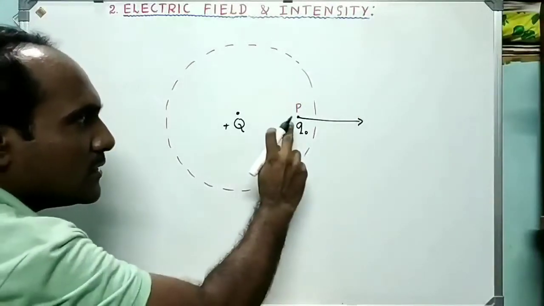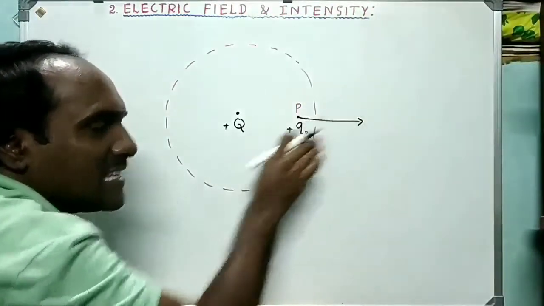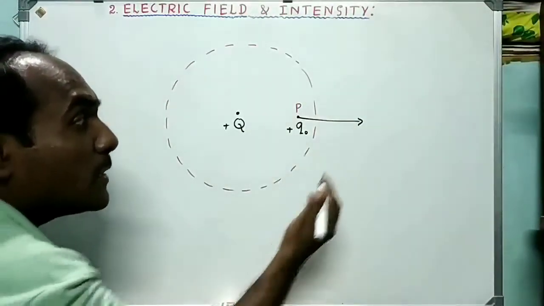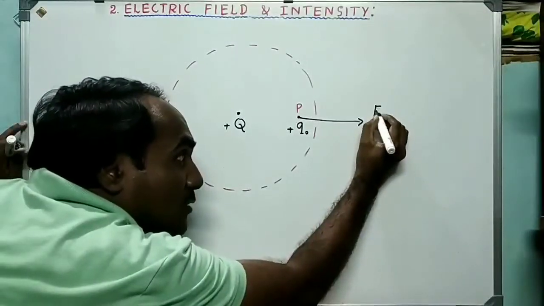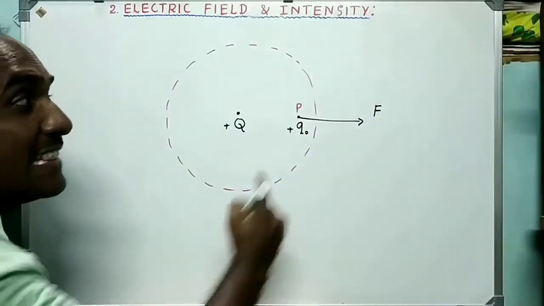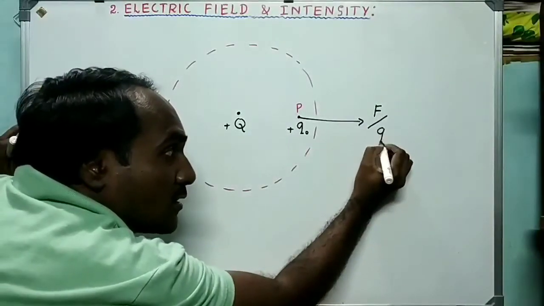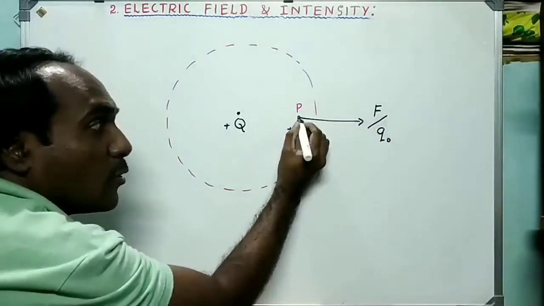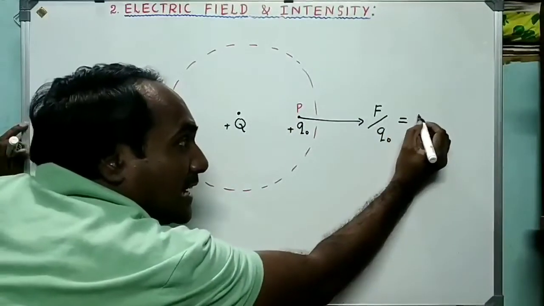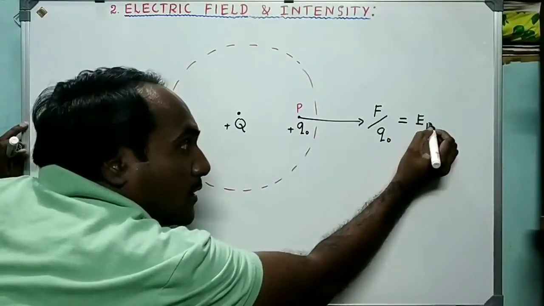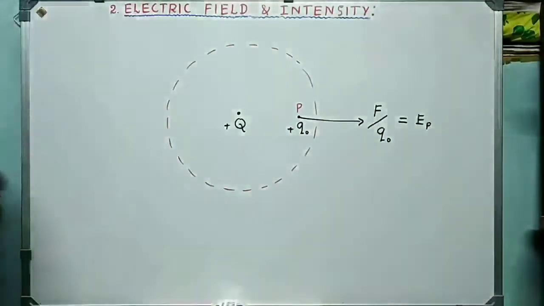Now this test charge is moving in this direction. Why is it moving? Because it is experiencing the electrostatic force. And this electrostatic repulsive force experienced by the charge Q0 when kept at point P is called the electric intensity at point P. Getting the idea?